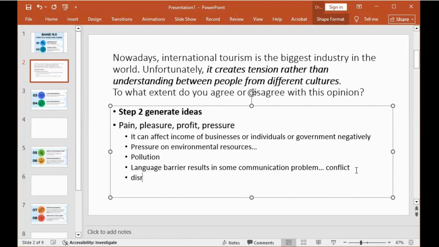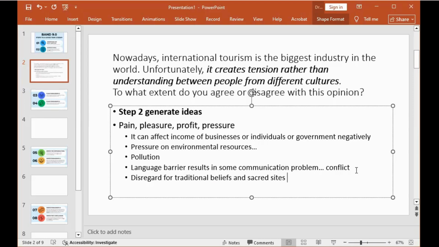Disregard for traditional beliefs and sacred sites. Do you understand what I mean by that? Yes, sir.